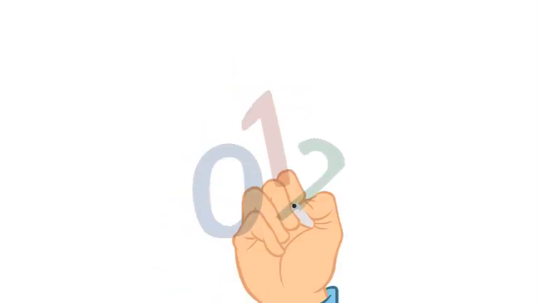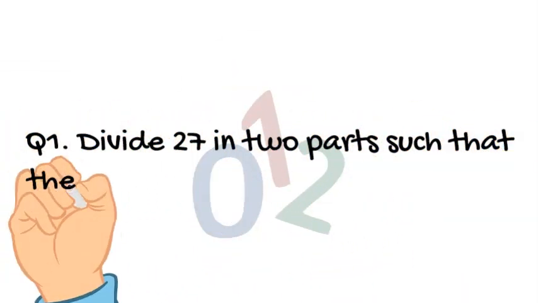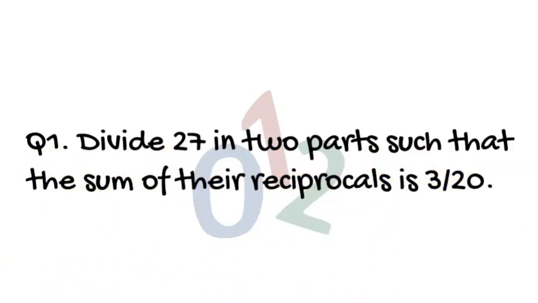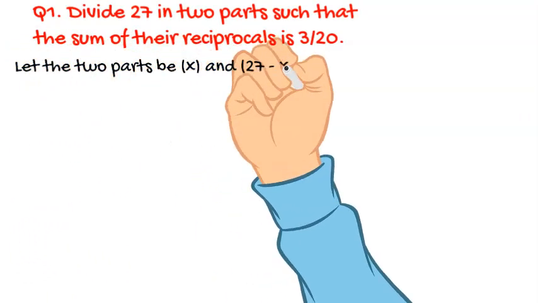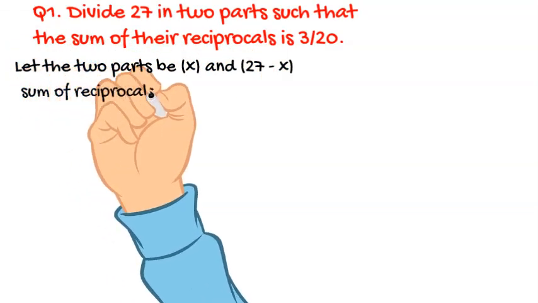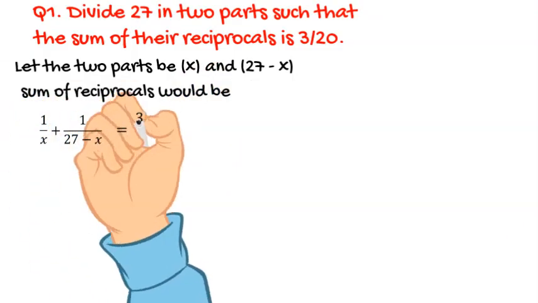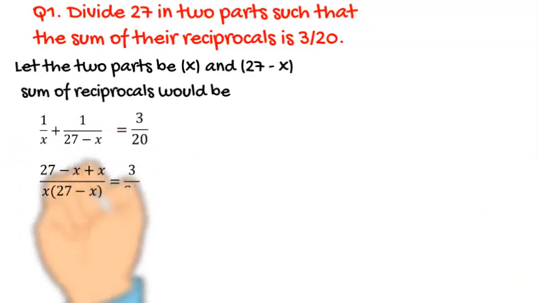To start with question 1, we have: divide 27 in two parts such that the sum of their reciprocals is 3 by 20. Let the two parts be x and 27 minus x. Sum of their reciprocals would be 1 by x plus 1 upon 27 minus x is equal to 3 by 20.